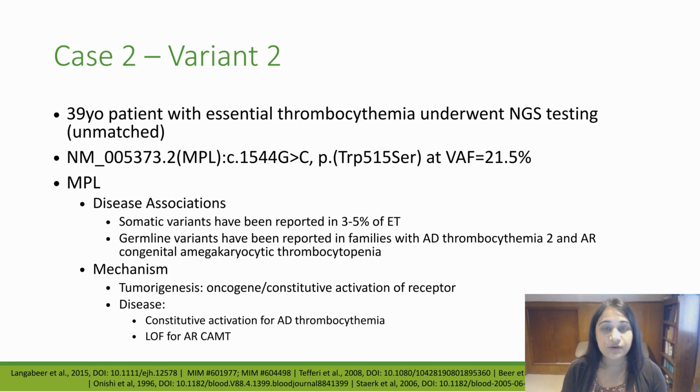Somatic alterations are found in about 3 to 5% of ET patients, where MPL generally functions as an oncogene. Similar to tumorigenesis, constitutive activation is also seen in variants that cause autosomal dominant thrombocythemia. However, loss-of-function variants cause autosomal recessive congenital amegakaryocytic thrombocytopenia.